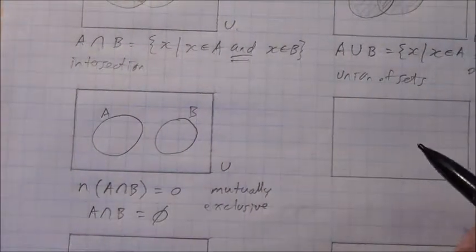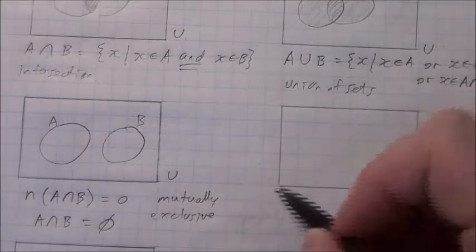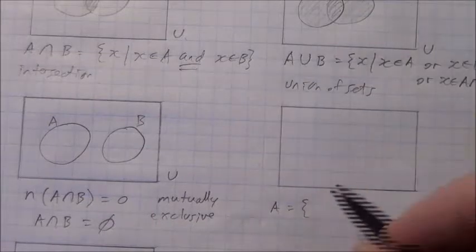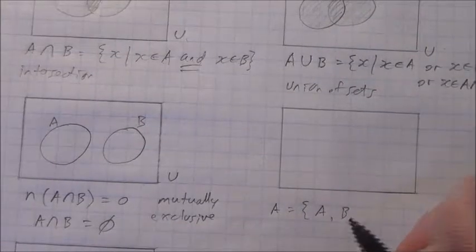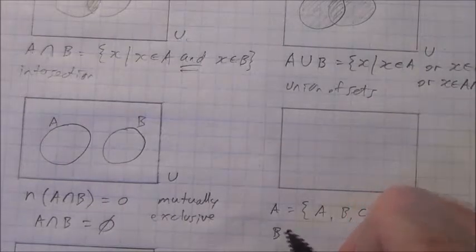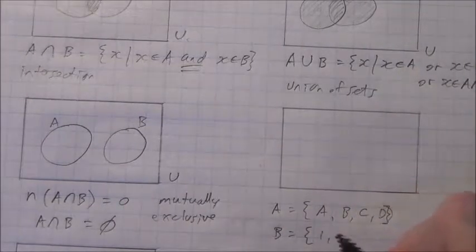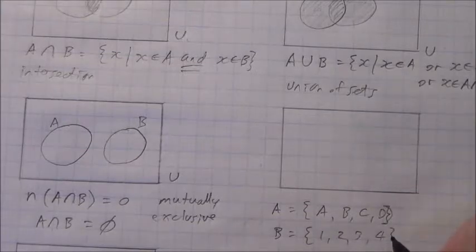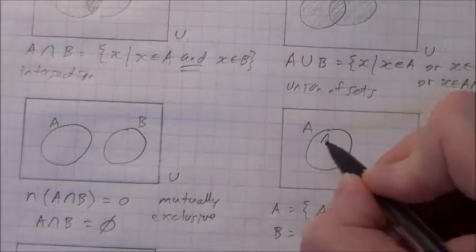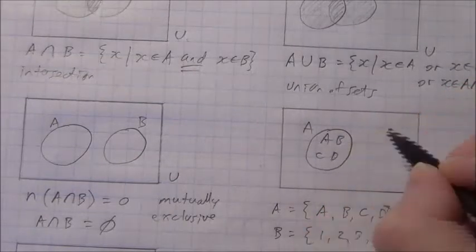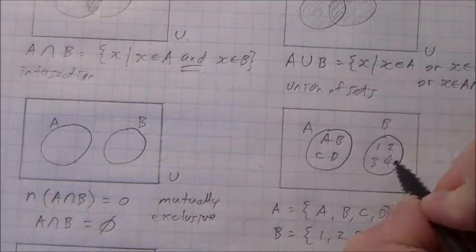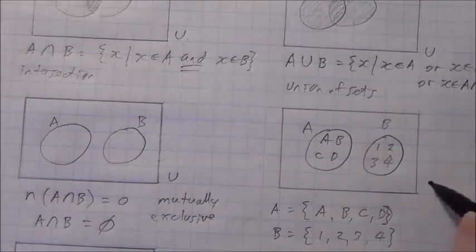Suppose we said that set A is some letters, A, B, C, D, and set B is the numbers 1, 2, 3, 4. Obviously, then set A and set B are disjoint sets because they have nothing in common.